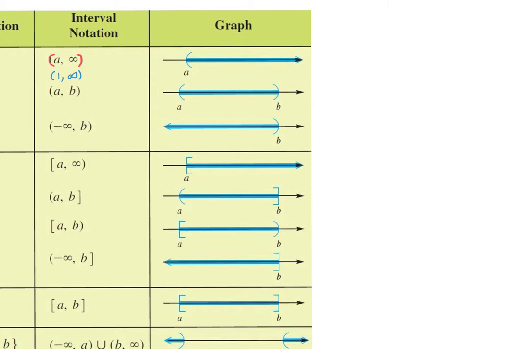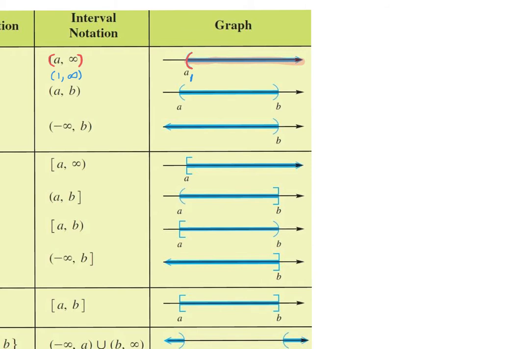We would just take that parenthesis, put it on our graph, and below it put our number a. In our little example, we were using 1. And then since we're looking at x values strictly greater than our a value, we have to make sure that we shade everything larger than.